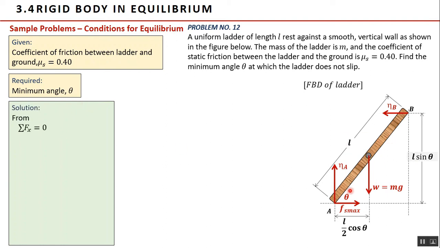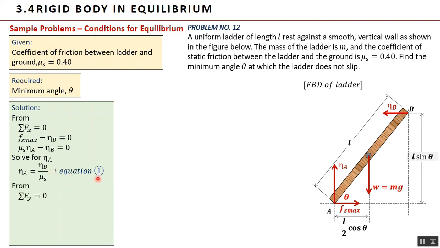Referring to our FBD, these forces are the maximum static friction and the negative of the normal force N sub B, equals 0. But we know that the maximum static friction is equal to the coefficient of static friction multiplied by the normal force at A. For the meantime, we solve for N sub A, so it is equal to the normal force at B over the coefficient of static friction. We label this as equation 1.